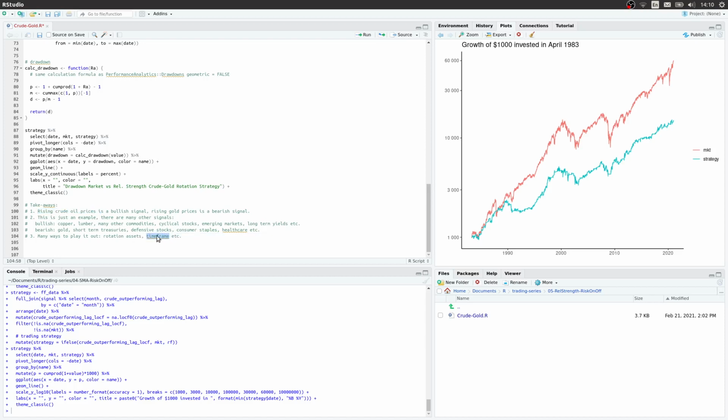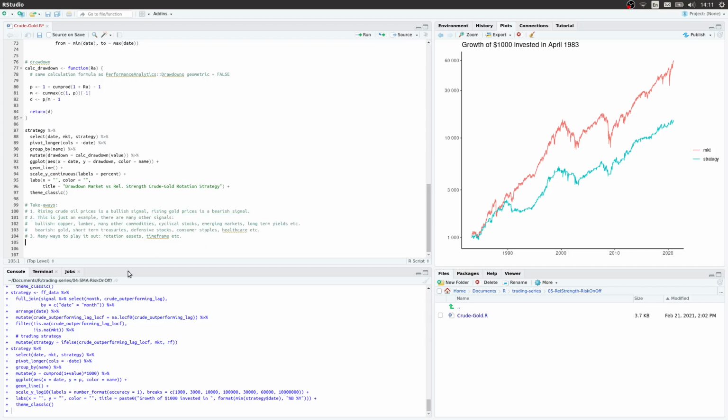You could play with the time frame. We used monthly, or the previous month's return. Of course, you could have a look at weekly or daily or quarterly, or whatever seems the best for the relative assets that you're looking at.